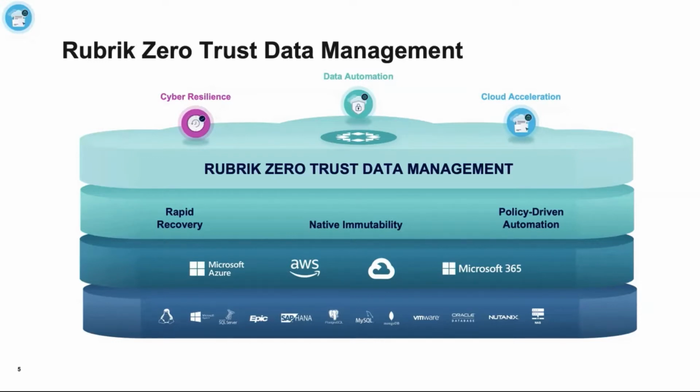Some key tenets of the platform encompass native immutability, which essentially means when you back data up to Rubrik, data cannot be altered or encrypted or affected by a ransomware event. That's one core thing in our platform, as well as automation and the API. With Rubrik, everything's built on a REST API, and we can orchestrate our software with any third-party tool out there, from Splunk to ServiceNow to vRealize and other cloud tools like Terraform that you might be using.